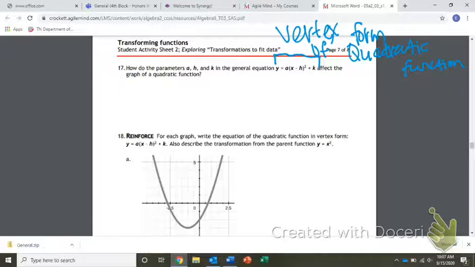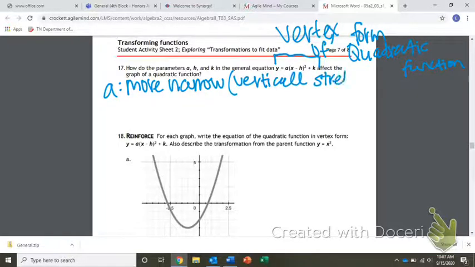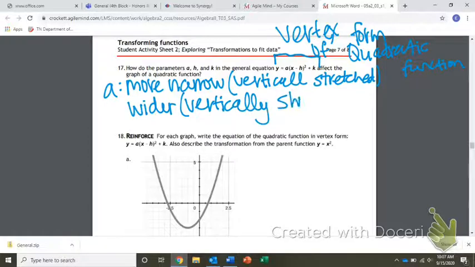All right. We wrote on number 10 that A tells us if the graph becomes more narrow, or it is vertically stretched, or if it becomes wider, which means it's vertically shrunk or compressed.